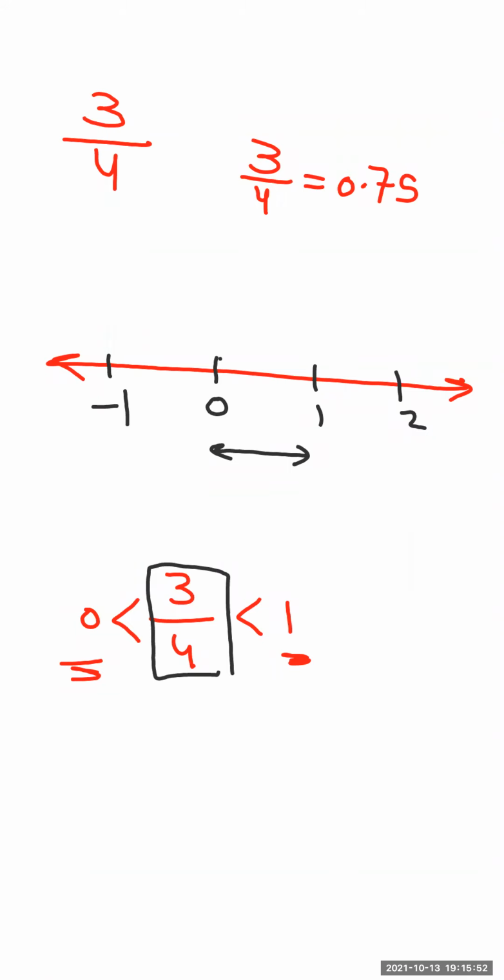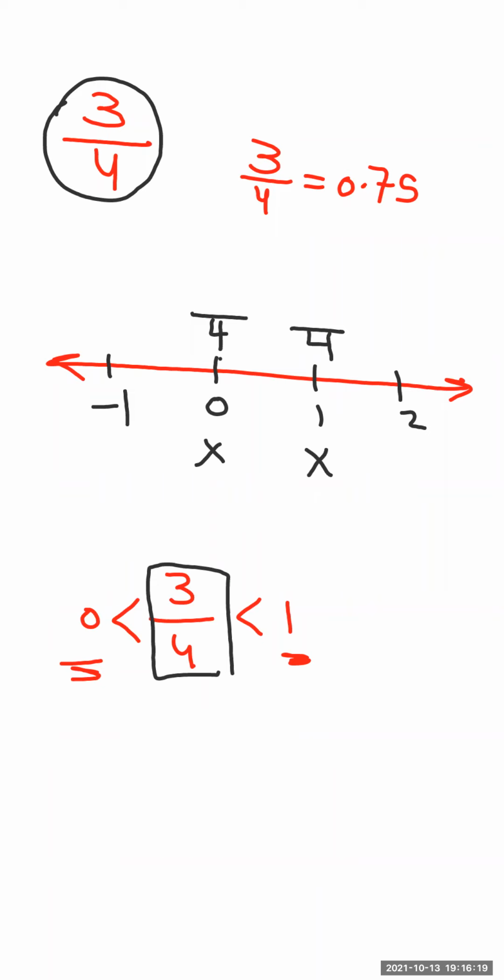To represent the rational number on the number line, first convert these two numbers, this one and this one, into fractions with the same denominator as your number. So I want to represent this number as a number over 4, and this one also as a number over 4.